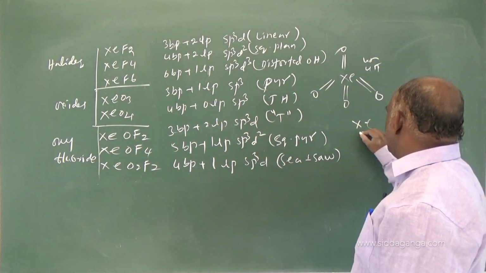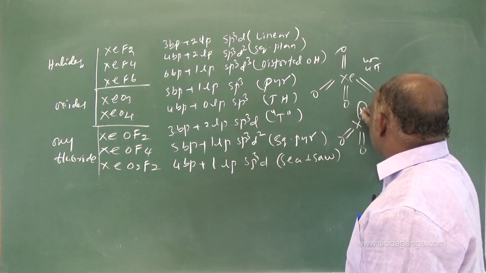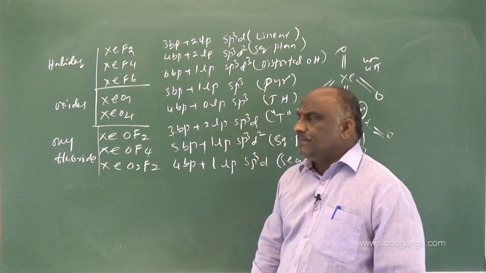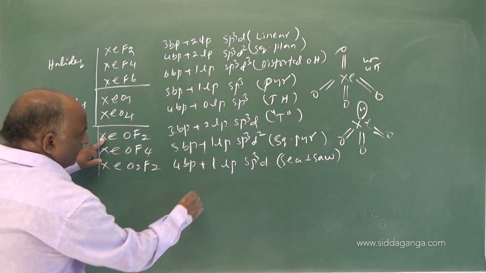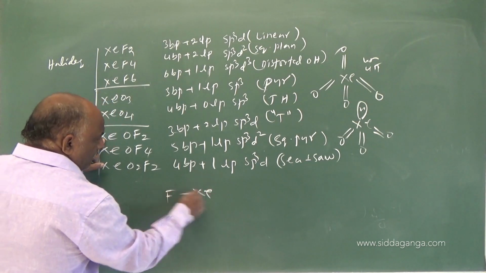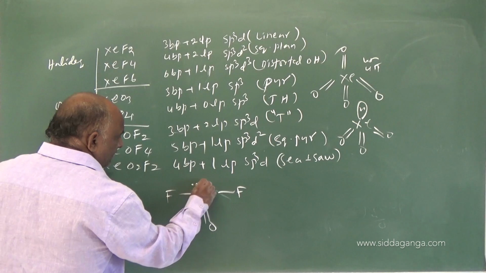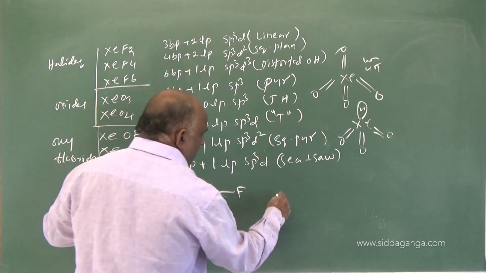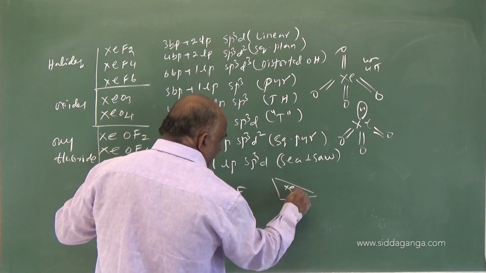While going to XeO3, you should draw like this. XeO3 is a pyramidal shape. See this XeOF2 like this, F, O. This is XeOF2. This is XeOF4. Draw one triangle, Xe, it is a lone pair.